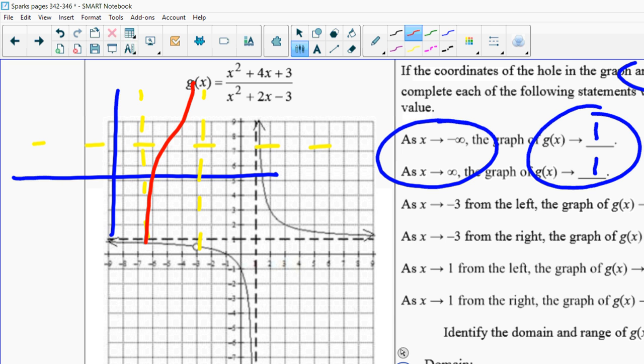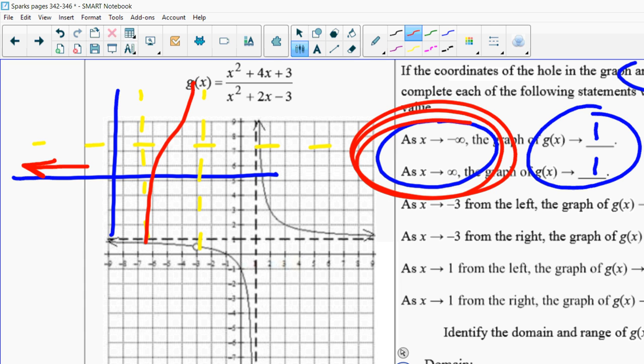This is where this gets explained. A horizontal asymptote is not what happens at 2 or 3 or 1 or 0. Horizontal asymptotes are what happens on the ends. I don't care what happens in close.